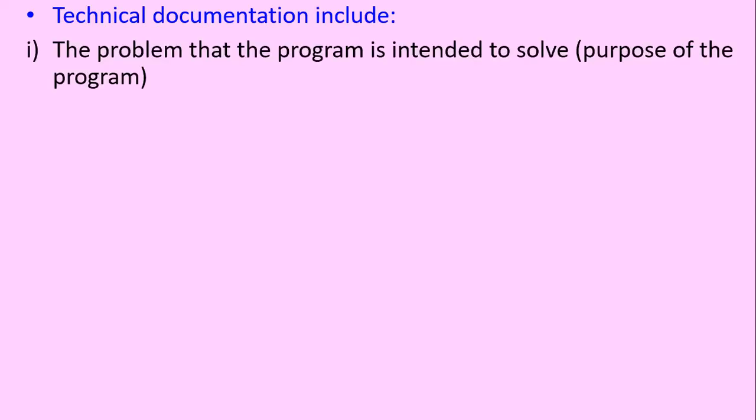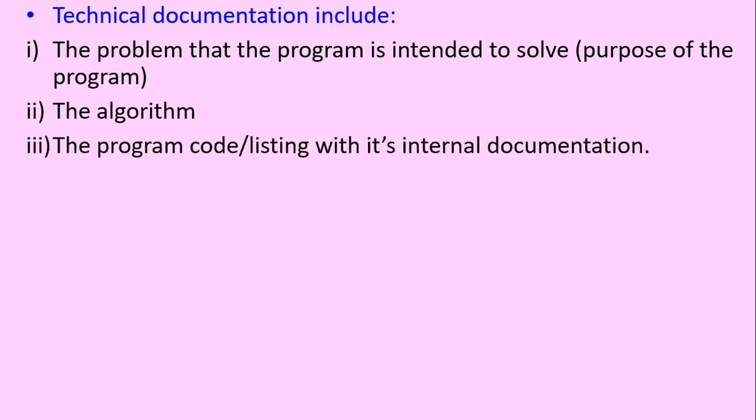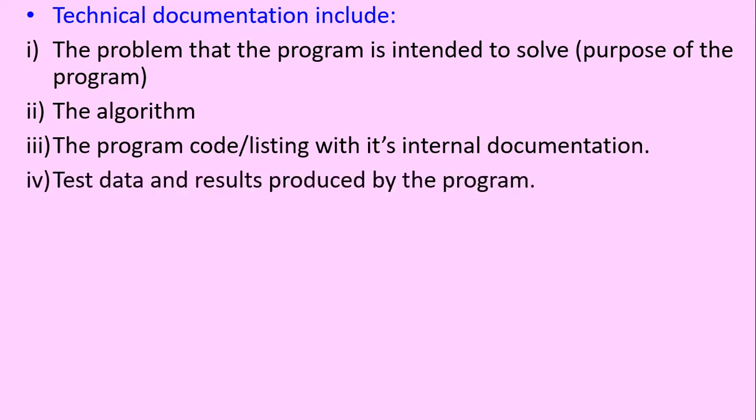Technical documentation includes the problem that the program is intended to solve, that is the purpose of the program. Number 2, the algorithm. Number 3, the program code or listing with its internal documentation. Number 4, its test data and results produced by the program.